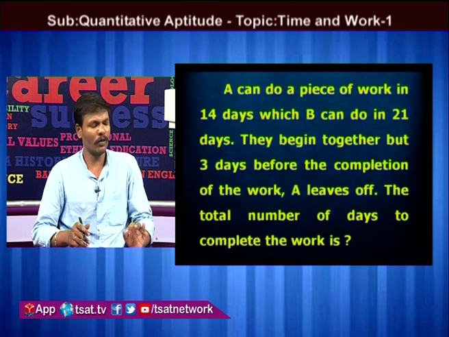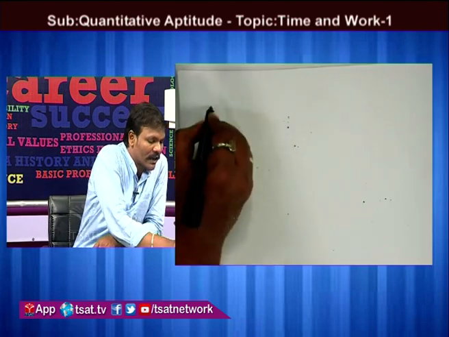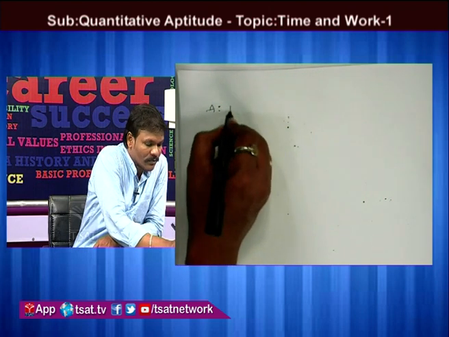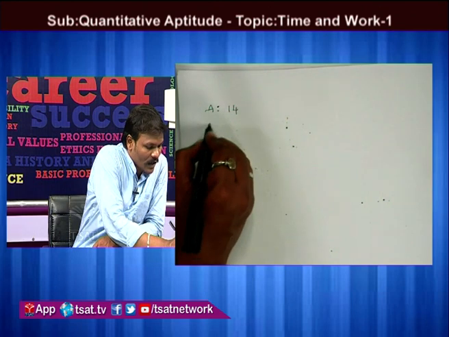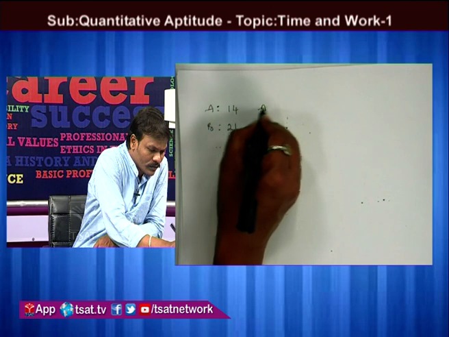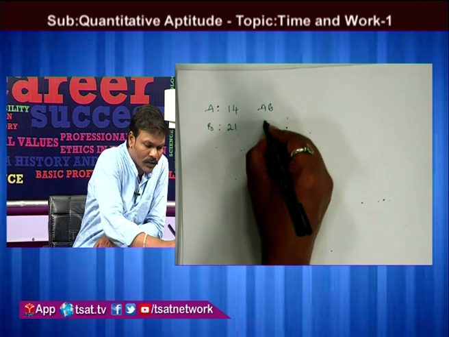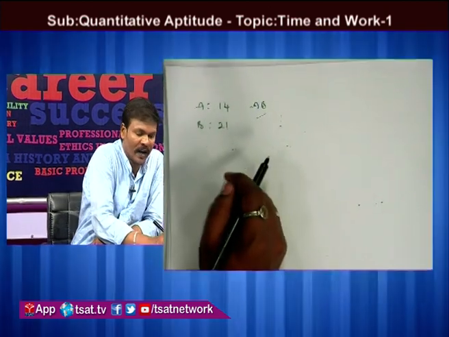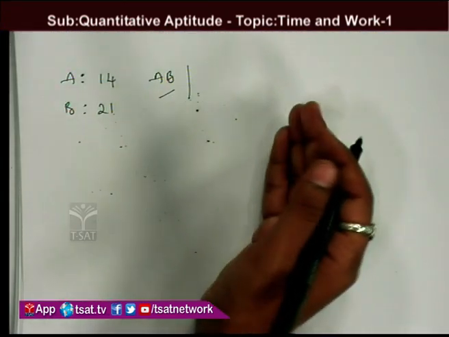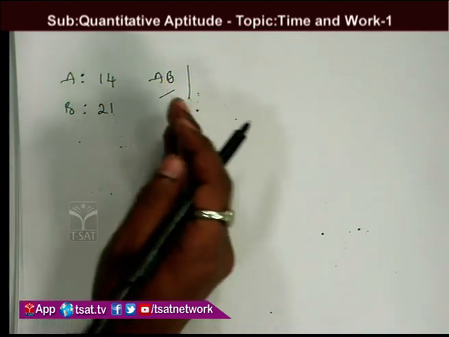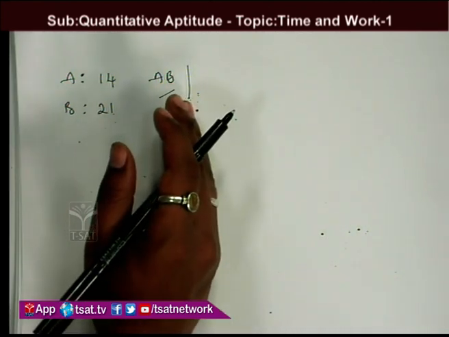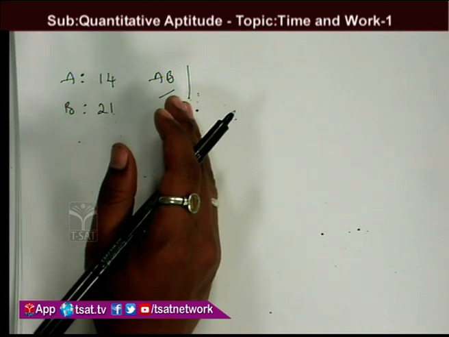When we observe this question, A completes the work in 14 days, B completes the work in 21 days. You see, A and B are working together for some days, we do not know how many days. The work will be completed 3 days later, and for those 3 days, A has left the job.